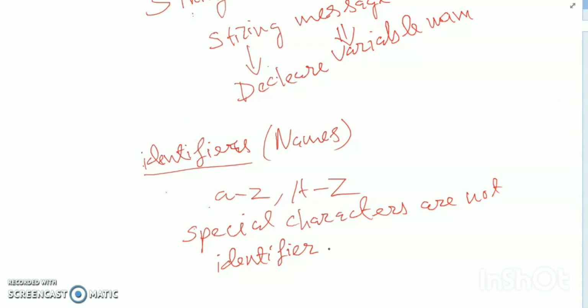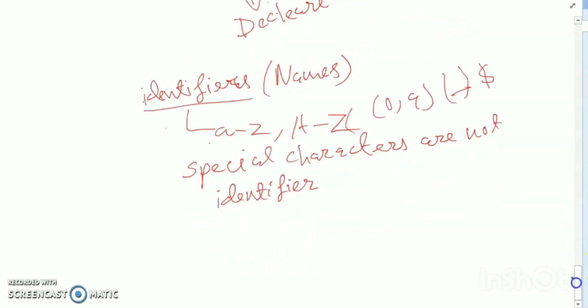Okay, so identifiers are, you have to remember, A to Z, 0 to 9, underscore and dollar sign. This is called underscore. Okay, and dollar sign, they are identifiers. But plus, minus, star, commas, etc. are not.